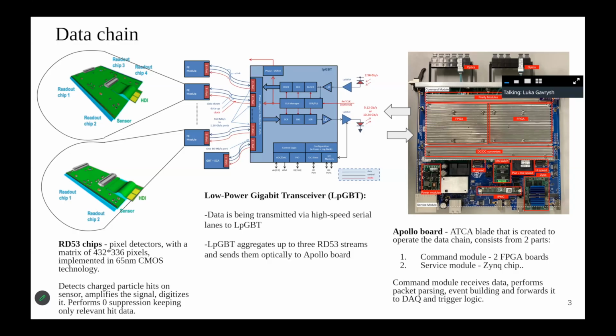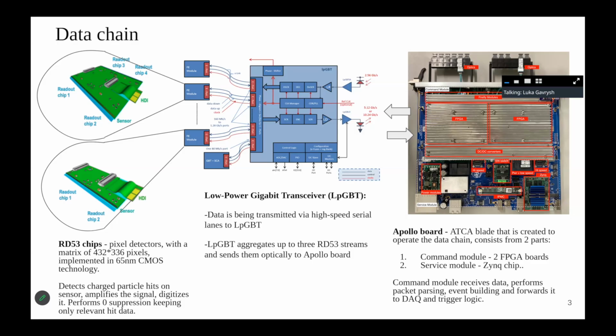The command module handles high-speed optical data from the lpGBT links, supporting up to 72 lpGBT inputs at 10 gigabits per second each, 16 links at 25 gigabits per second to the central DAQ system, and from 4 to 8 25 gigabit per second links dedicated to the Level 1 trigger system. And the service module is a Linux-based embedded system running on Zynq. It manages power distribution, clocking, slow control, and communication via Ethernet and IPMI.